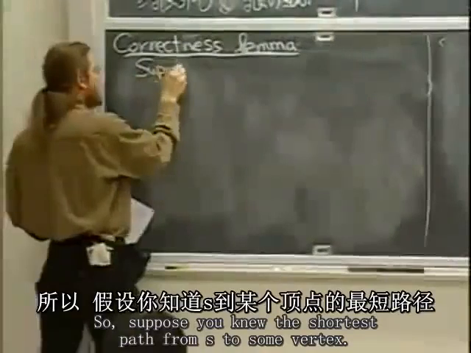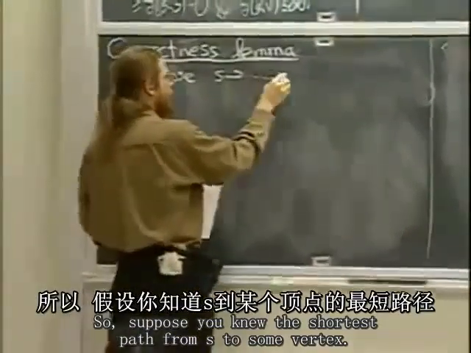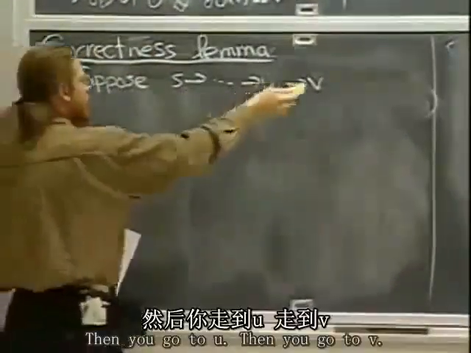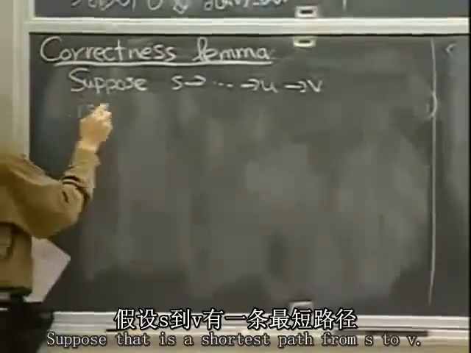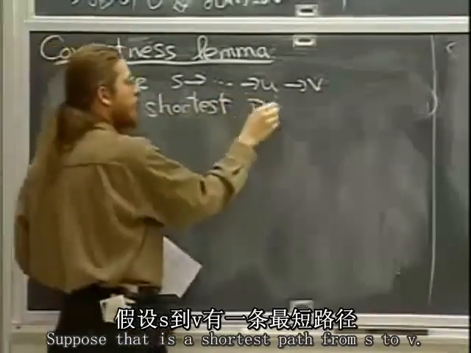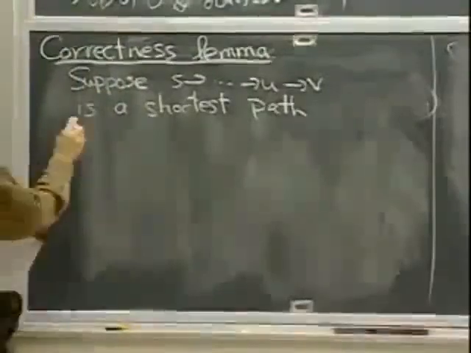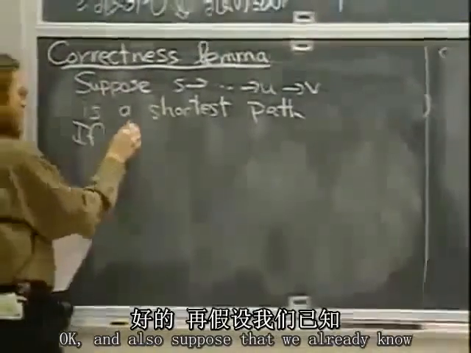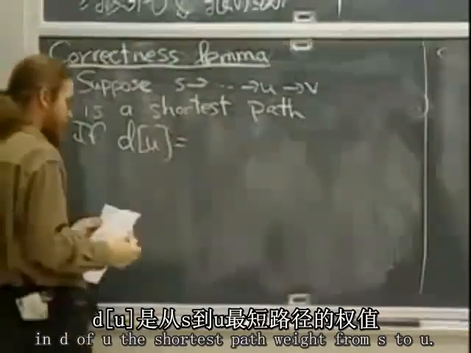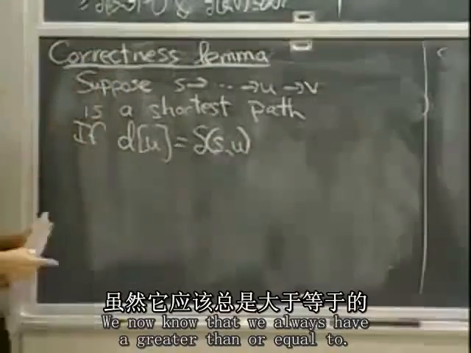Suppose you knew the shortest path from S to some vertex. You go from S to some other vertices, then you go to U, then you go to V. Suppose that is a shortest path from S to V. And also suppose that we already know in d of u the shortest path weight from S to U. So suppose we have this equality; we now know that we always have greater than or equal to.